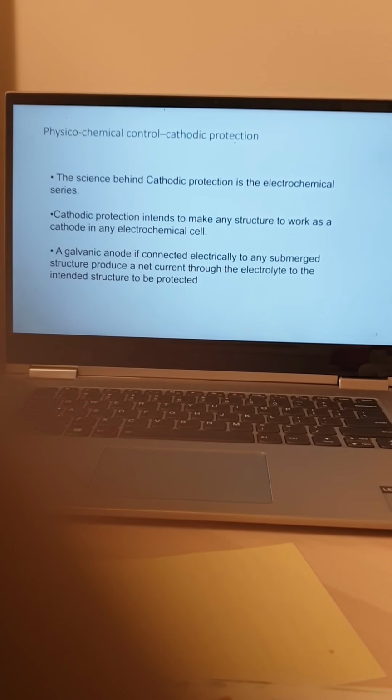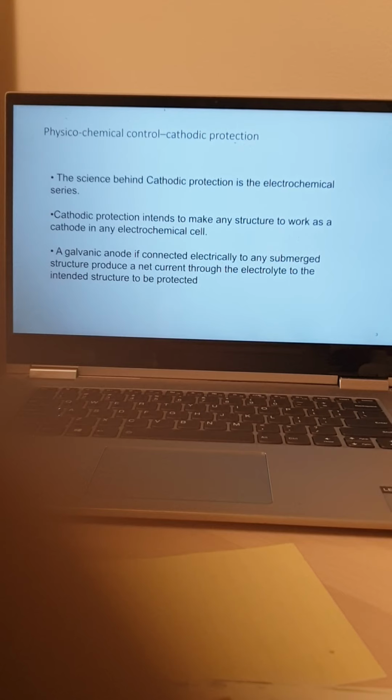So a galvanic anode is connected electrically to a submerged structure, producing a net current through the electrolyte to the intended structure to be protected. So if it's a buried pipe or tank, a pipeline in the subsea, a platform that we need to protect, a storage tank sitting on the soil, or a bridge where we have the rebar, the concrete is the electrolyte and the humidity plays as an activity.